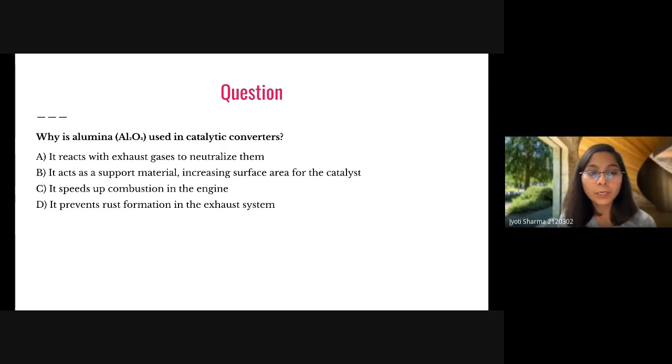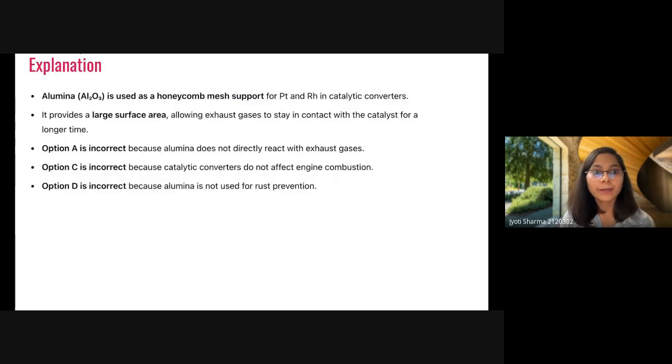Okay. So this alumina is used as an enhancer. We do have the catalyst, but to increase the efficiency of the catalyst, we use another compound. Alumina is one of those compounds. It acts as a supporting material, increasing surface area for the catalyst, right?